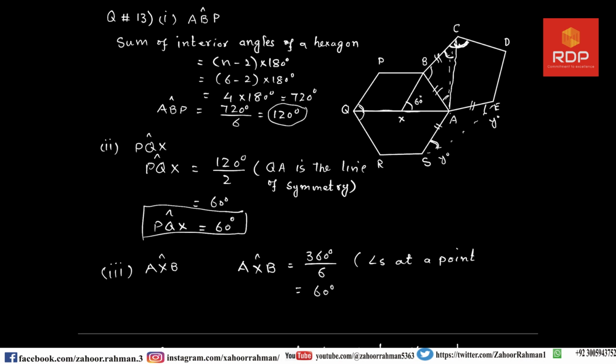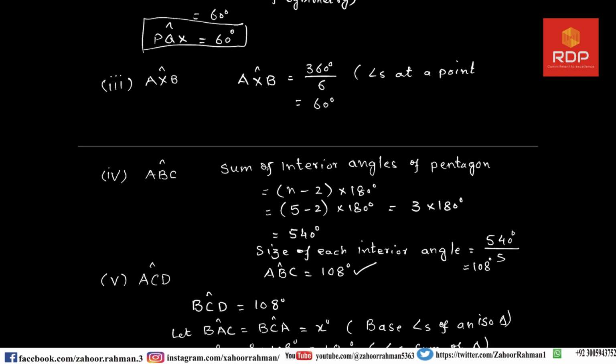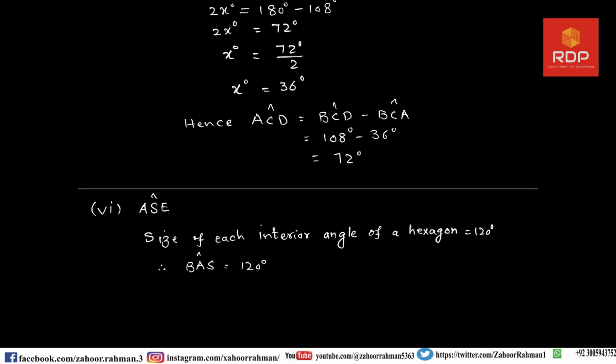BAS, which is this one, this angle. So we found that of the hexagon, 120, which is here. So we wrote it here, BAS is equal to 120.